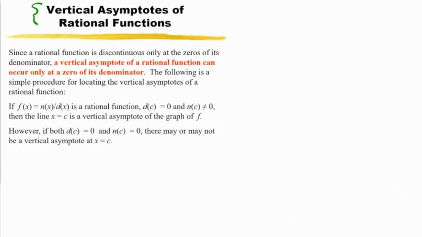Okay, so here we have vertical asymptotes of rational functions. Since a rational function is discontinuous only at the zeros of its denominator, that means that a vertical asymptote for a rational function can only occur at one of the denominator's zeros. Just as a reminder, a zero of the denominator could cause a hole or a vertical asymptote.